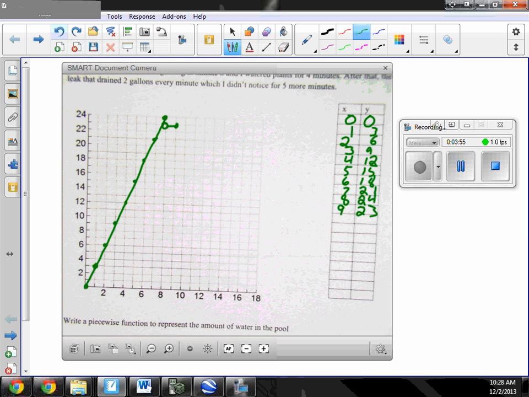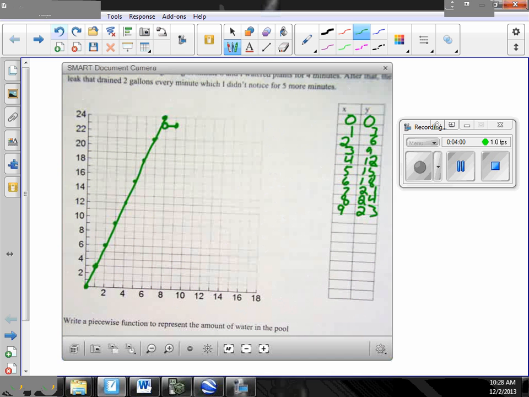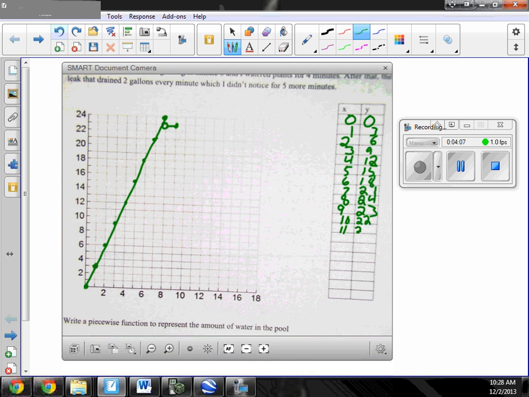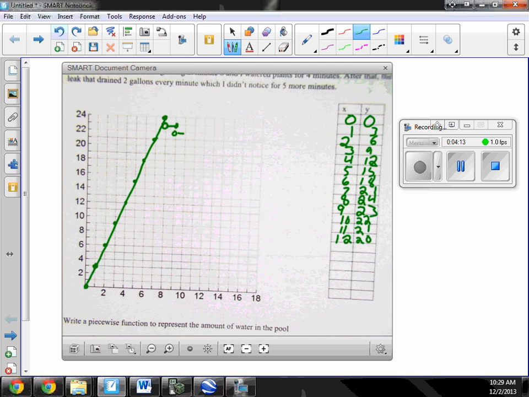So 9, 23. How long do I water flowers? For 4 minutes. So 9, 23, 10, 22, 11, 21, and 12, 20. So on my graph, I'm going to have 4 of those.